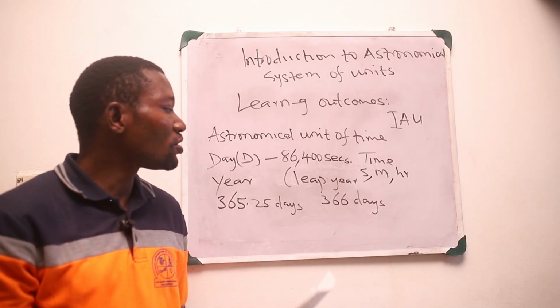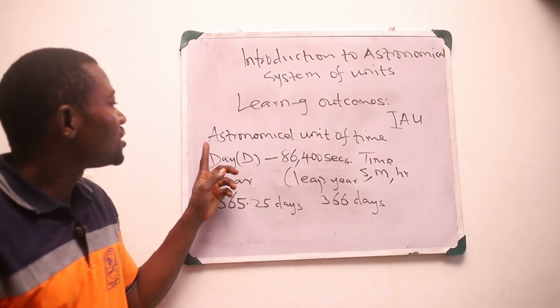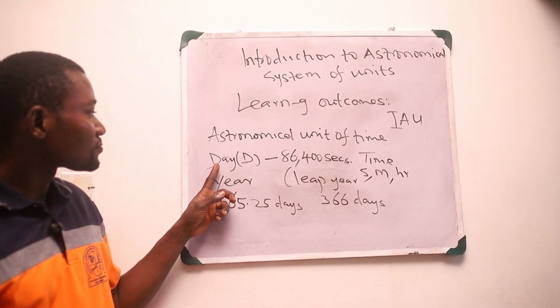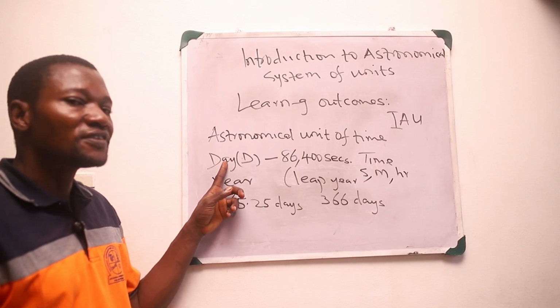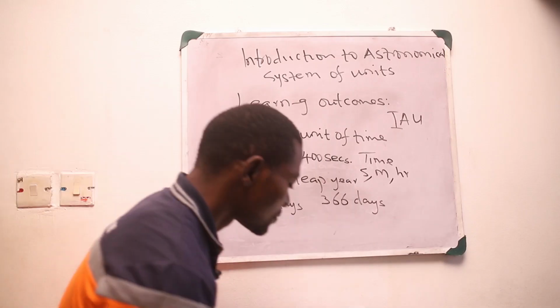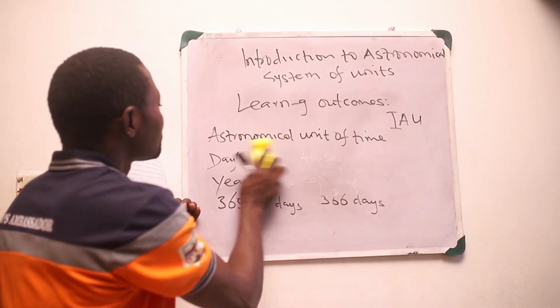And leap year occurs once in a year. So in astronomical unit of time, we say that we use the unit of day and the unit of year. Let's look at the next one.